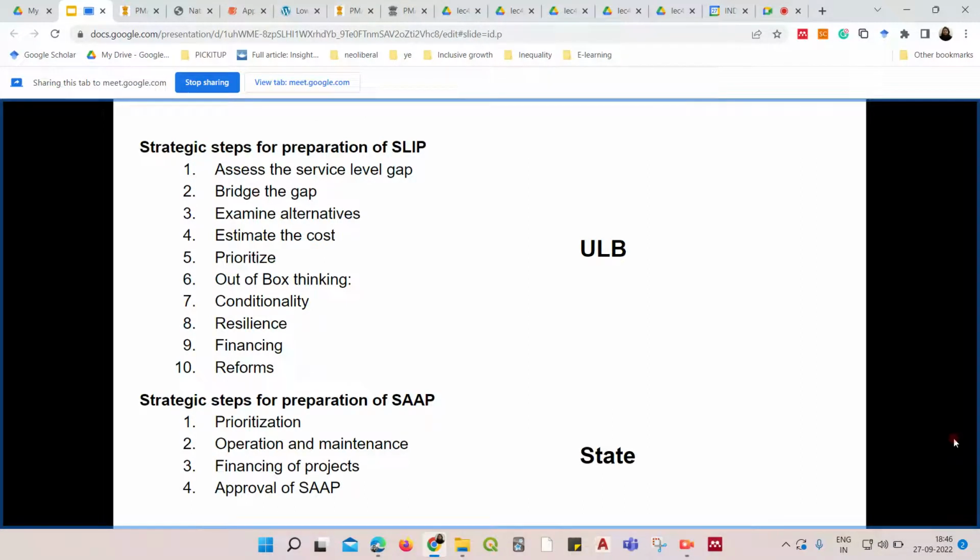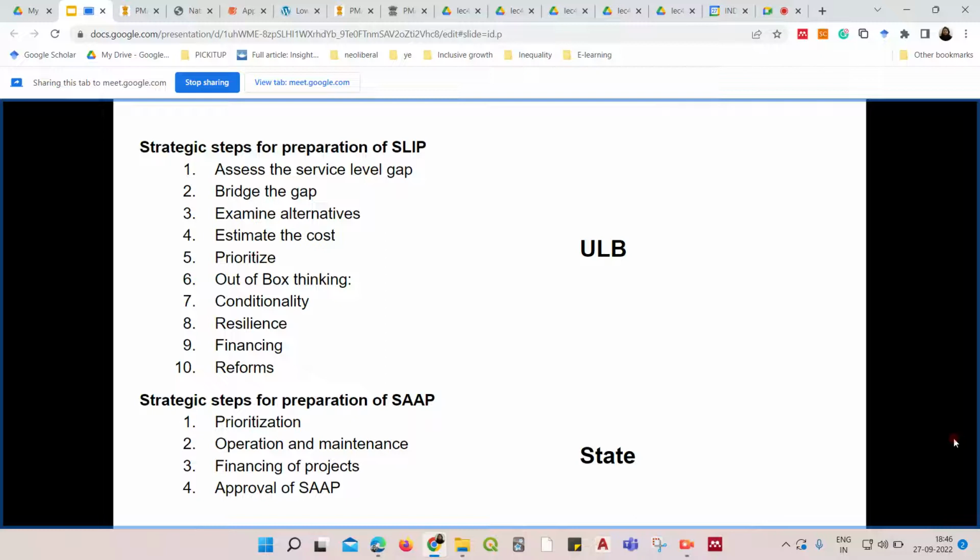SLIP is prepared by the ULB, for communicating the information about different service level improvements which need to be made.